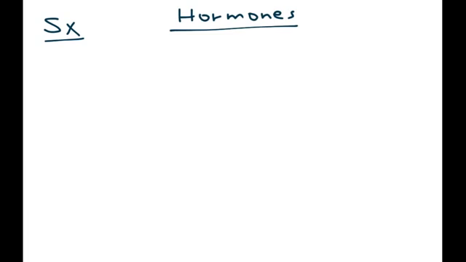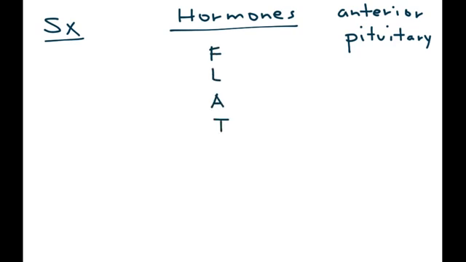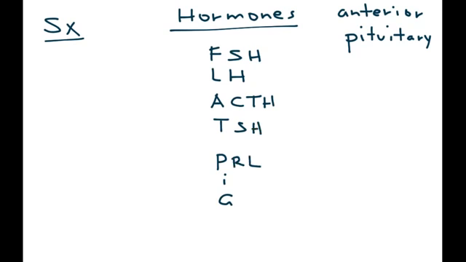The hormones of the pituitary gland, in particular the anterior pituitary, can be summarized with a mnemonic, and that mnemonic is flat pig. F stands for FSH, L stands for LH, A stands for ACTH, T stands for TSH, P is for prolactin, and G is for growth hormone, and the I doesn't stand for anything.